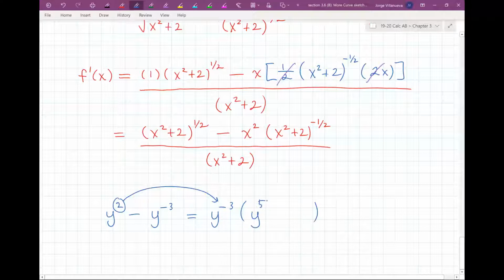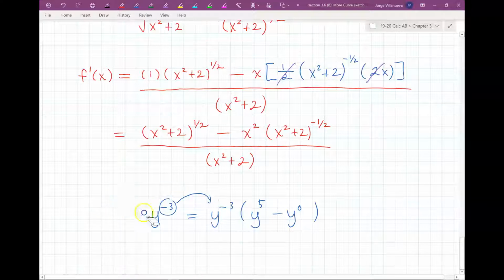This is a fifth power. And then what happens when I do a negative 3 minus a negative 3? That's a 0. Right? You guys know how to do this. It just looks really weird with negative powers, but it's no different than what you've done before.